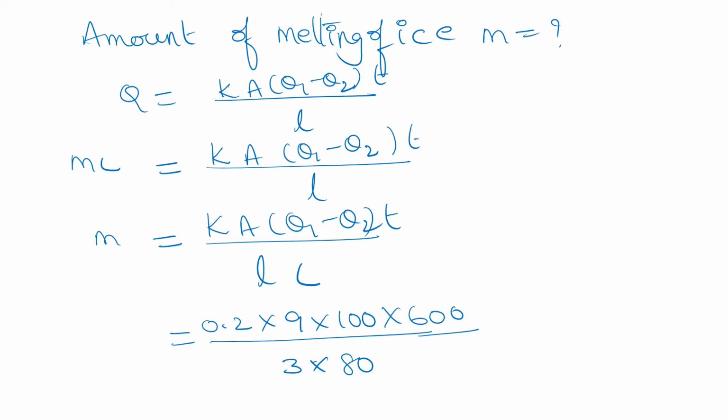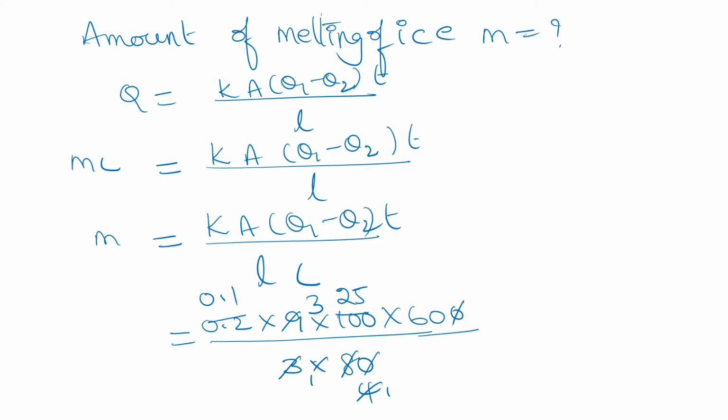Now here 0 gets cancelled, 3 ones, 3 threes, and here 2 0.1s are 2, 4 ones are 4, 4 twos are 8, 4 fives are 20.